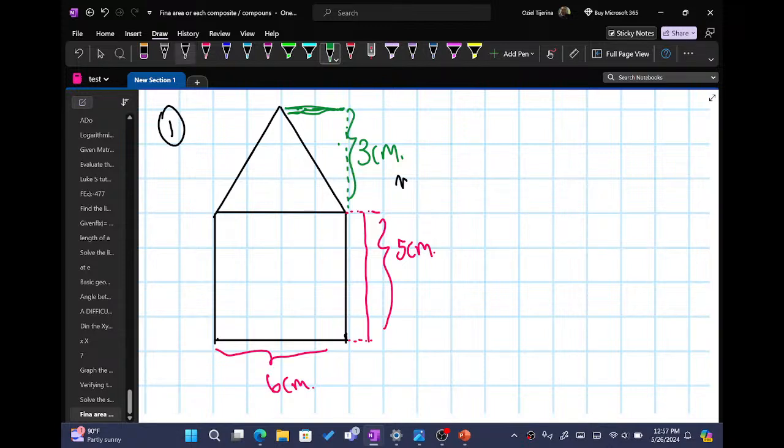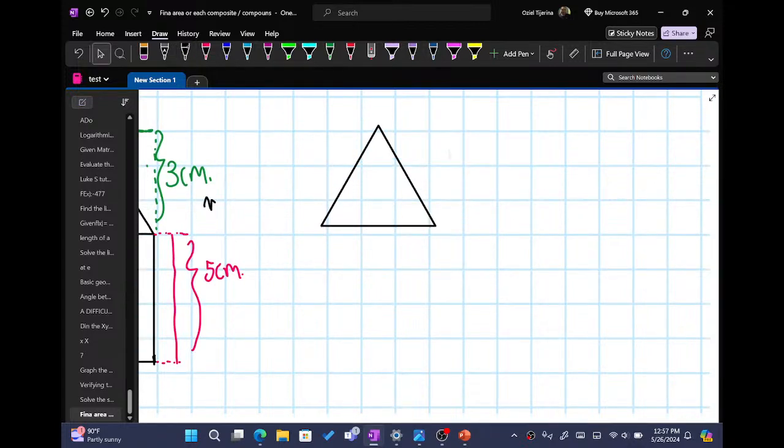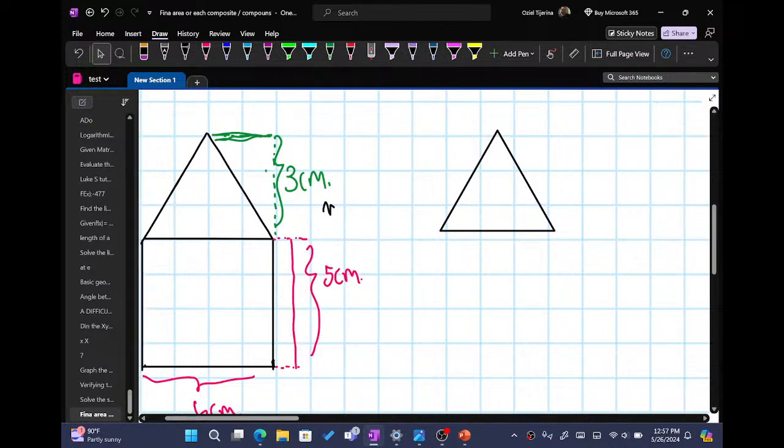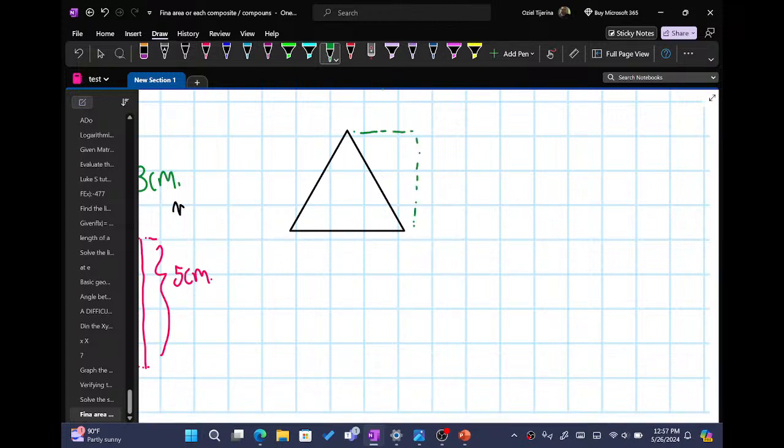So we know that we have 2 different things. We have a triangle, and like I said, it's not going to be drawn to scale. But we have a triangle, and they're saying that this side there, from here to here, is 3 centimeters, meaning that the height of this triangle is 3 centimeters, okay?